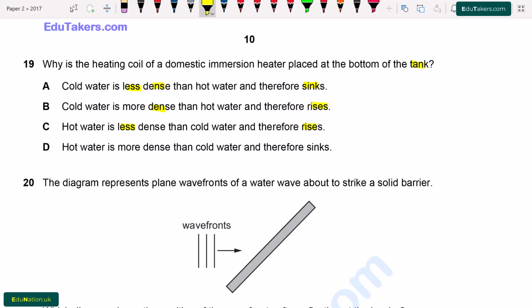D. Hot water is more dense than the cold water and therefore sinks. So the hot water rises because the density of the hot water is smaller as compared to the cold water. This is given in option C, that the hot water is less dense than the cold water and therefore rises. So option C is correct from here.